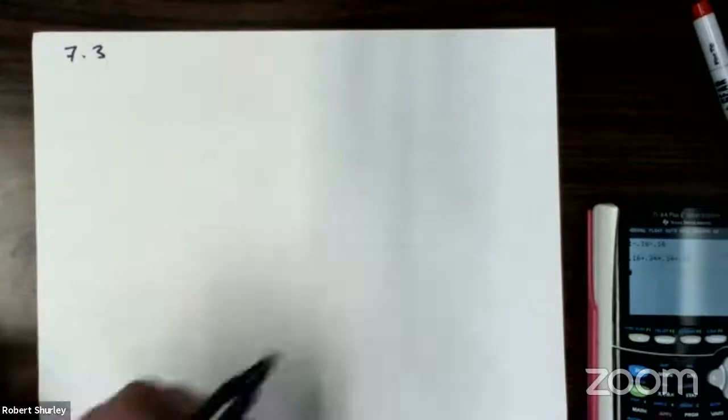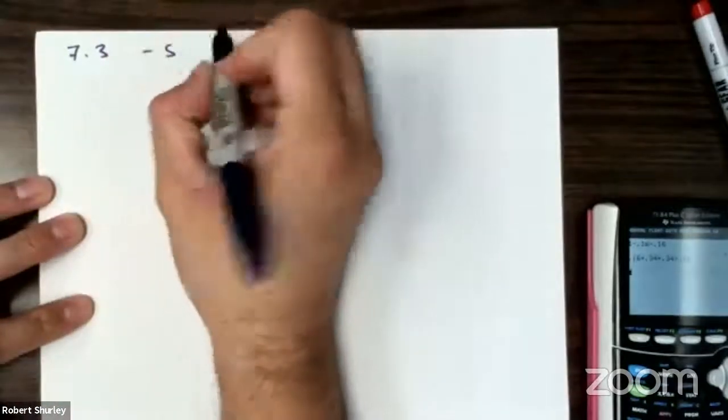7.3, which is on sampling distributions, which are a little different. And because of that, we have to really kind of grasp why they're different and how to find their standard deviation is different. So this is 7.3. You need to understand that summary on page 231.